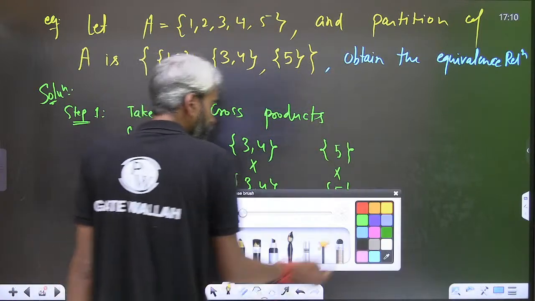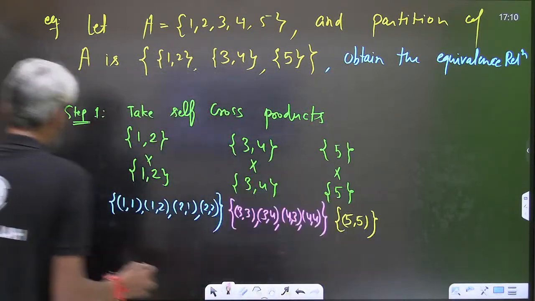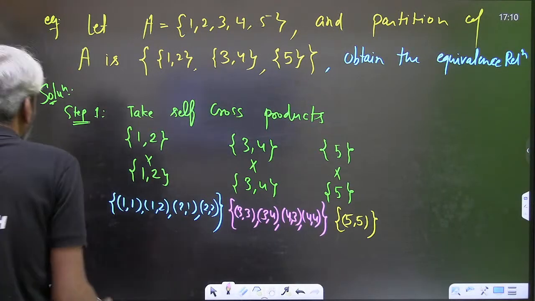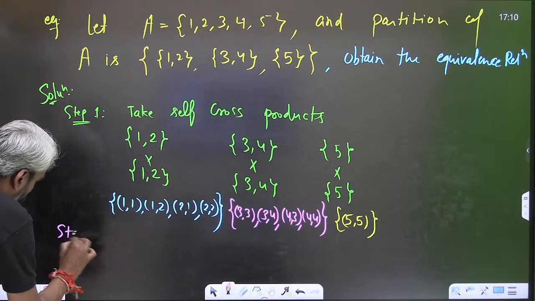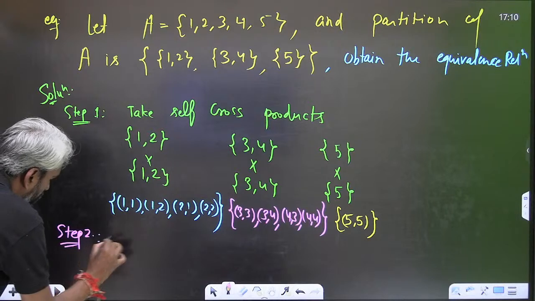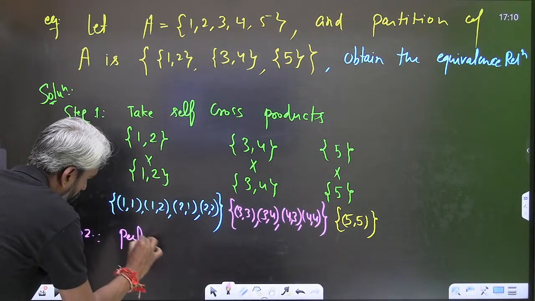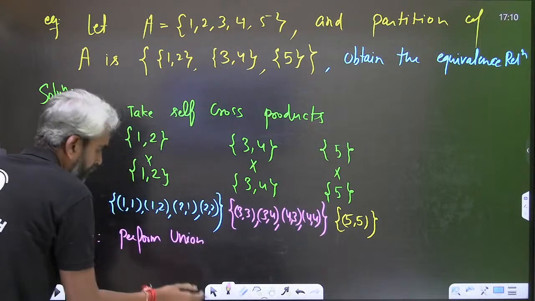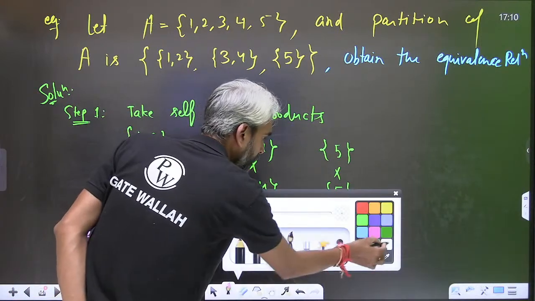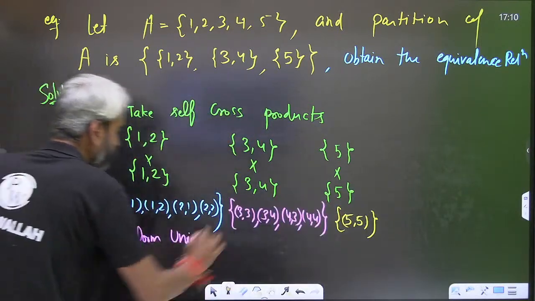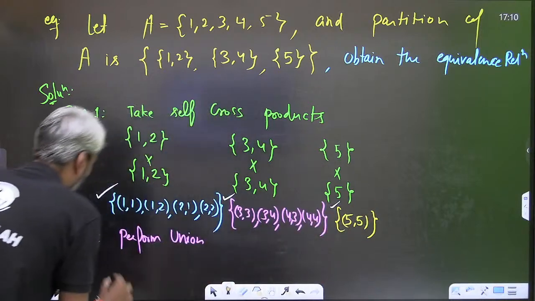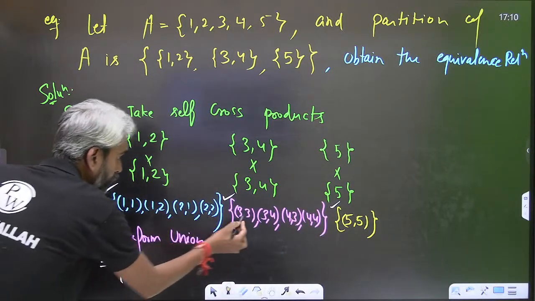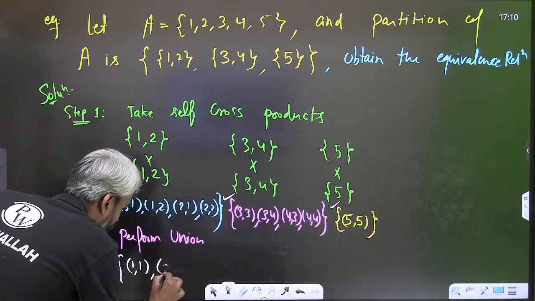Now step 2, take the union. If you perform the union of this, you will eventually see that (1,1), (2,2), (3,3), (4,4) and (5,5) are present.